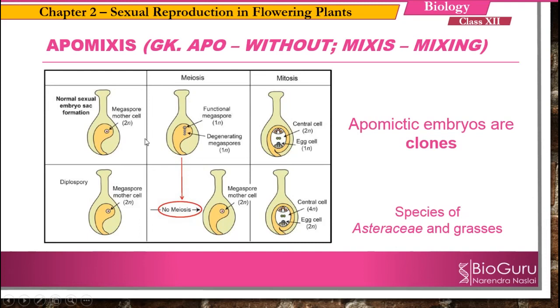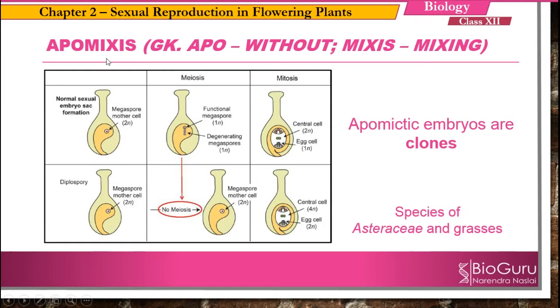The ovules develop into seeds only after fertilization. But in some species of Asteraceae and grasses, the seeds are formed without fertilization, and such a process is called apomixis, right? And apomixis is a form of asexual reproduction mimicking sexual reproduction.